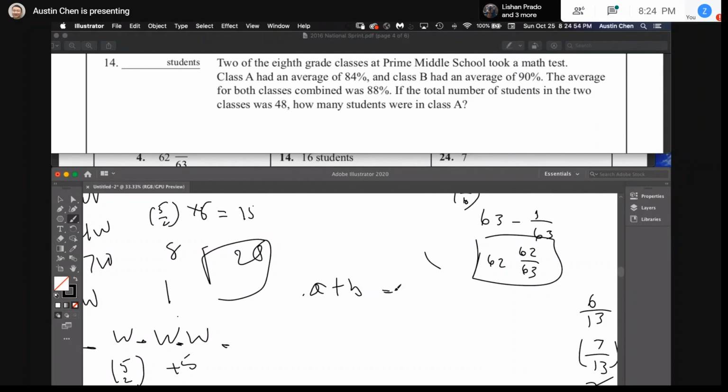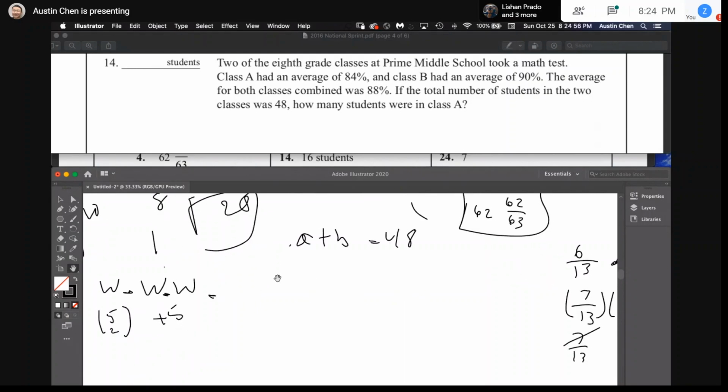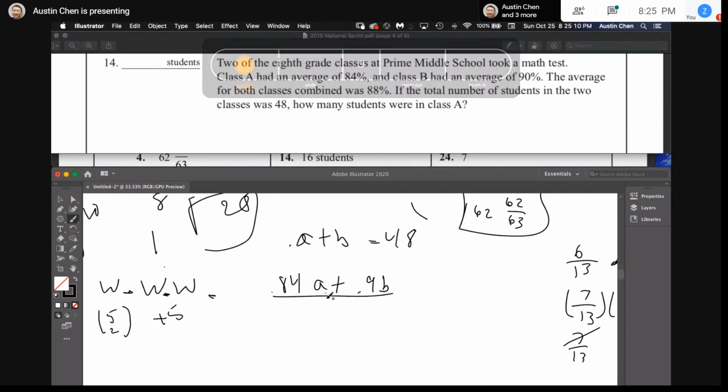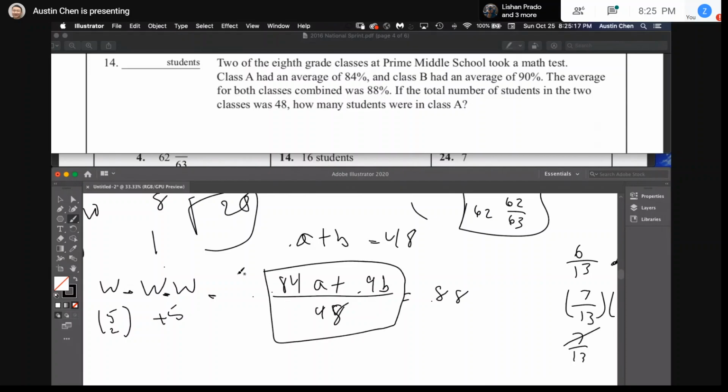You can say A plus B is 48, and then 0.84 times A plus 0.9 times B, over A plus B, which is just 48, equals 0.88, right? So this is weighted average. Weighted average is pretty easy. And then you can just solve that. That's just a system of two equations. So yeah, you could totally do it like that.